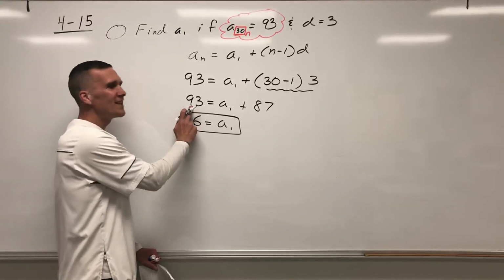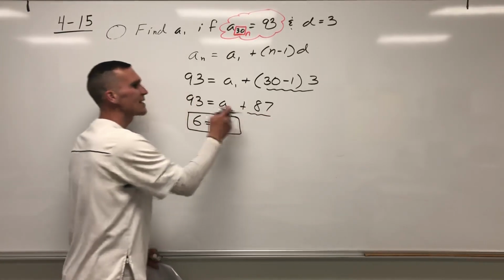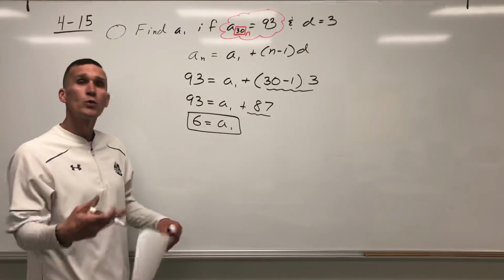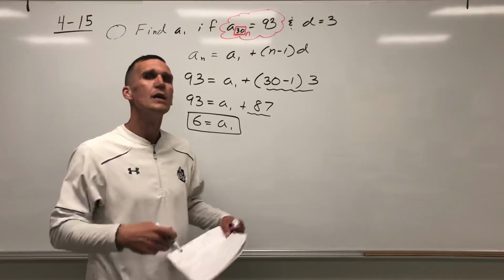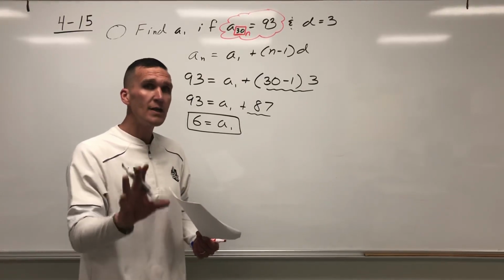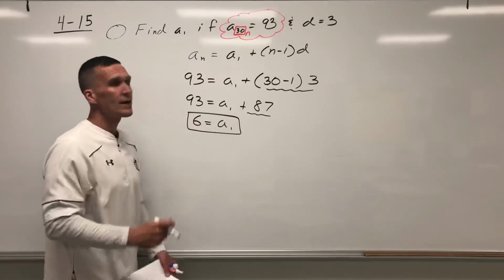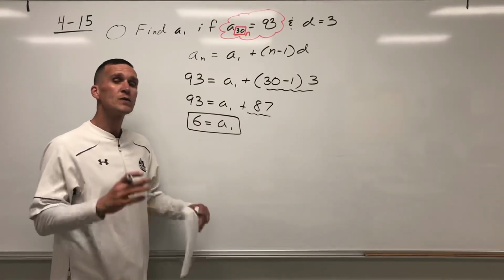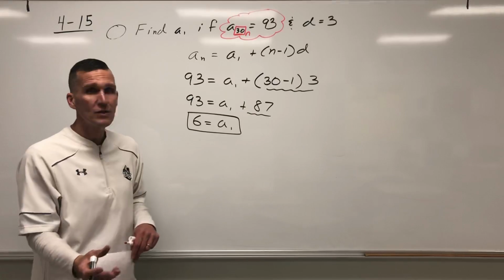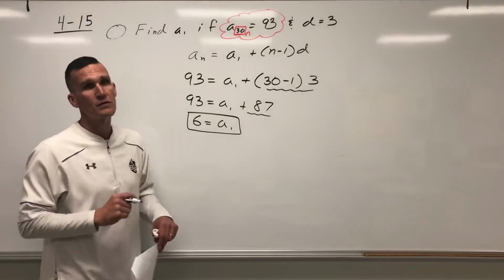And when you would have done 93 take away 87, that's exactly what we did in the formula. We're trying to learn how to use formulas a little bit better. So if you did it logically, that's great, but try to actually plug pieces in where they should go, because whenever we encounter problems that we can't do by logic, we need to be able to use the formula.